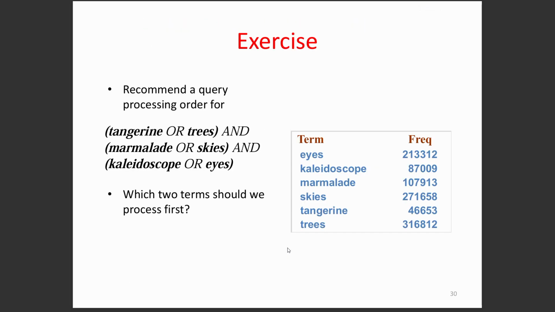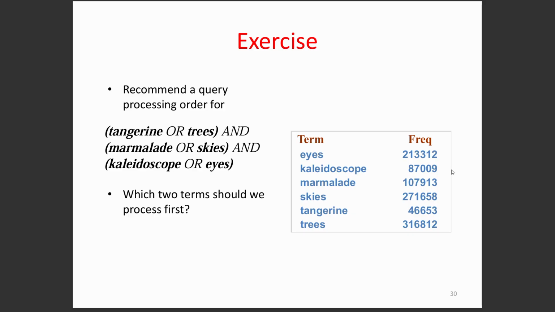Now this is the example for you. They have given tangerine OR trees, AND marmalade OR skies, AND kaleidoscope OR ice. Which two terms should we process first? Considering these frequencies: tangerine 46,653, trees 3,316,812, marmalade 107,913, skies 271,658, kaleidoscope 87,009, ice 213,312.